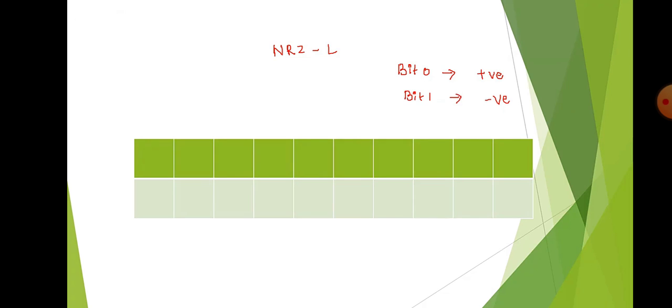Here, we can take the same pattern: 0, 0, 1, 1, 1, 1, 0, 0, 0. On the x-axis we can consider voltage and on the y-axis we can consider time. So, bit 0 we can consider as positive voltage, and bit 0 is once again positive.